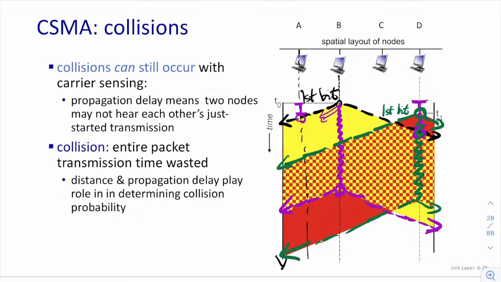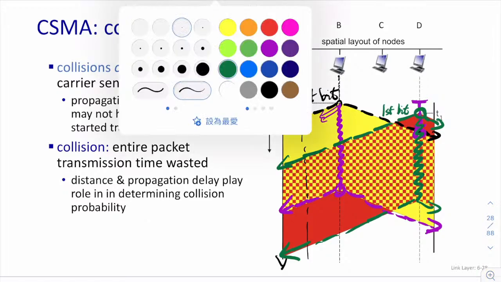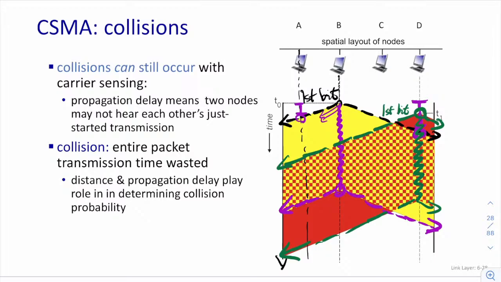You can see that in this figure, the red parts are the signal sent from D, propagating to C, B, and A. So even if those nodes do carrier sense, because of propagation delay, sometimes D cannot sense that B has already sent a signal out, so D will send its signal out, right?